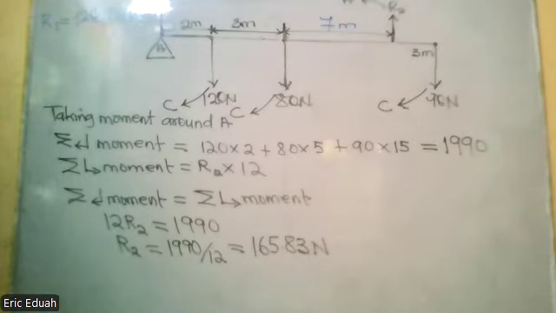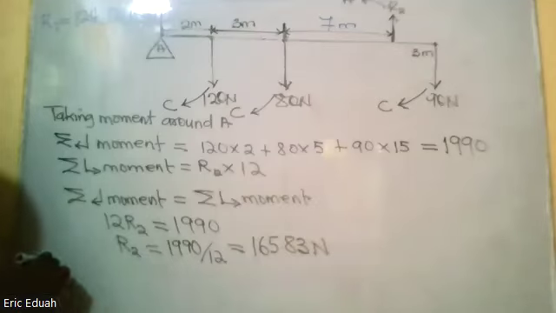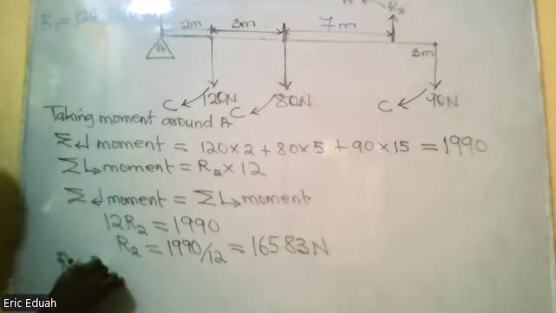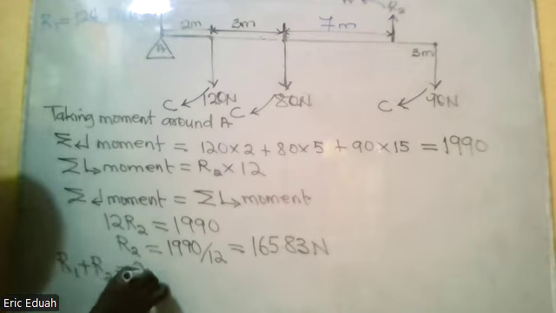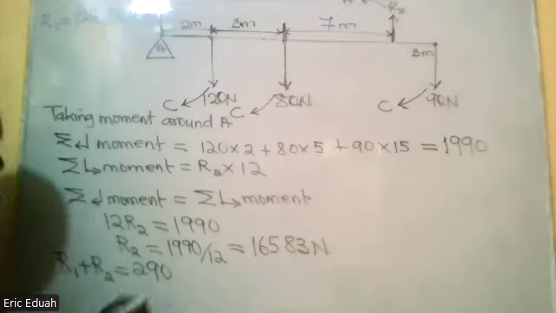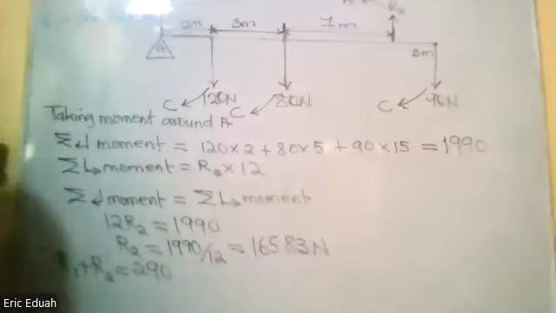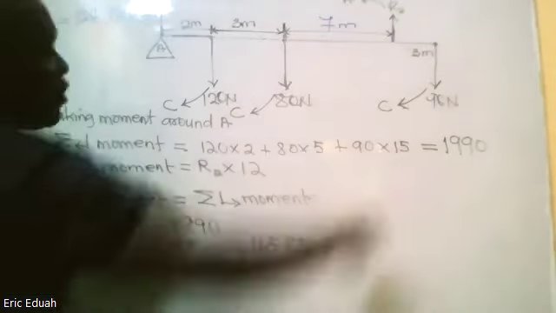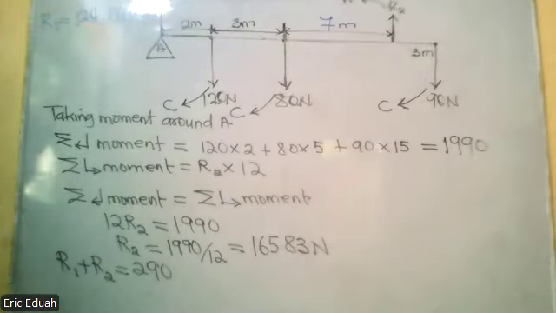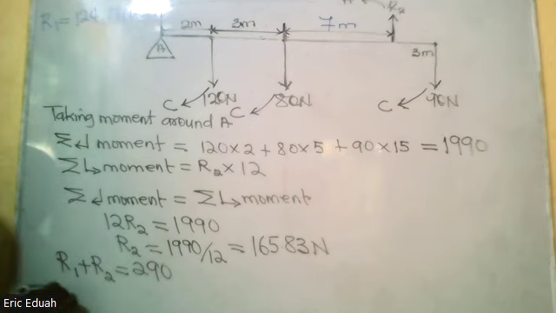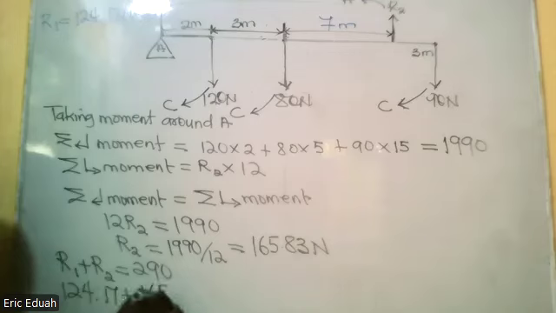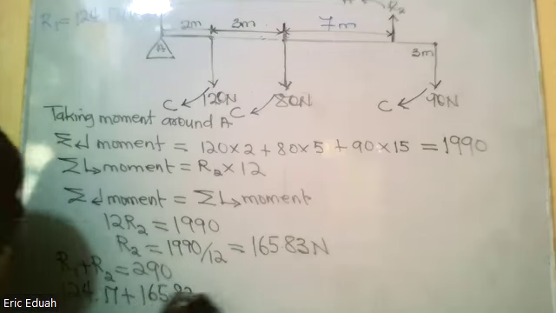You then use the first principle to check your answers, that R1 plus R2 must be equal to 290. Sum of upward forces must balance the sum of downward forces. Okay, so put in your values. 124.17 plus 165.83.